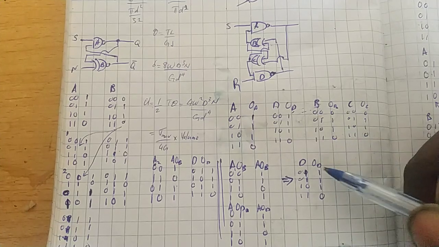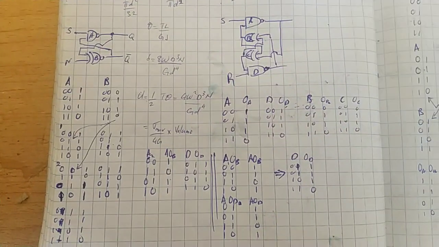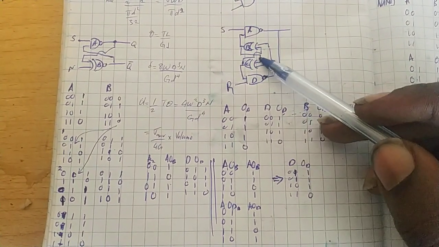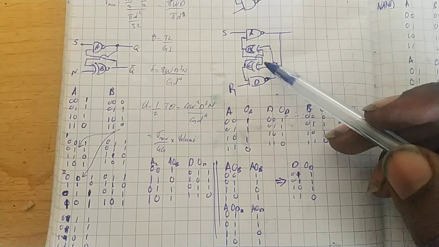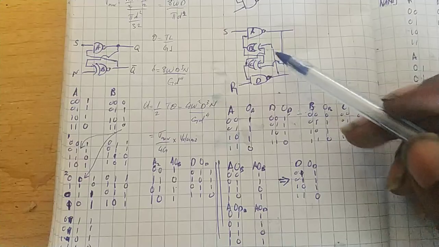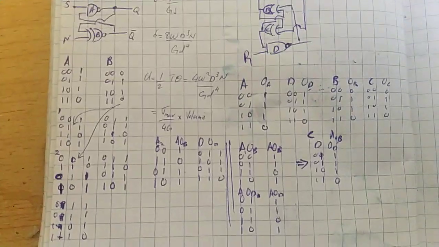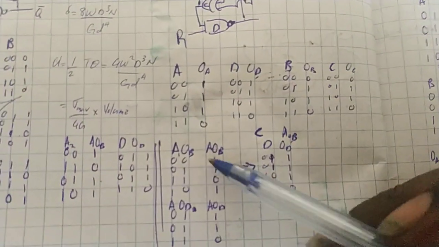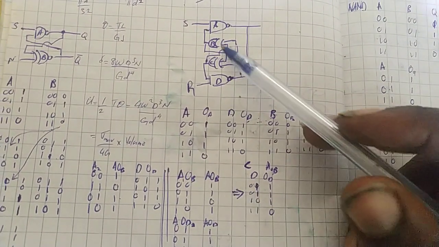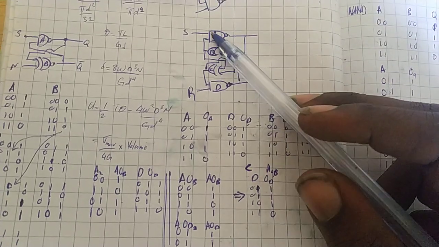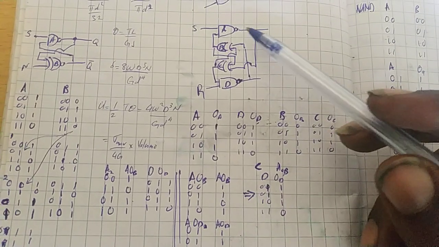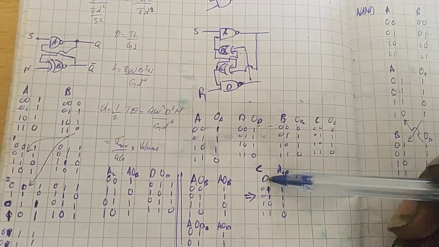Now this will be D. The output of B is coming back to D. It's coming back to C. Sorry for that, give me a minute. So that made an error. From the output of A and B, input of A and then output of B, you get this. This is fed back to C, so this is supposed to be C, not D.